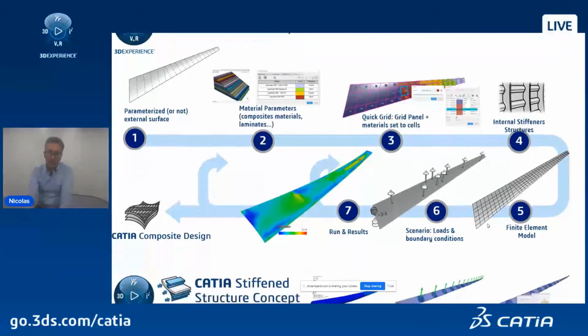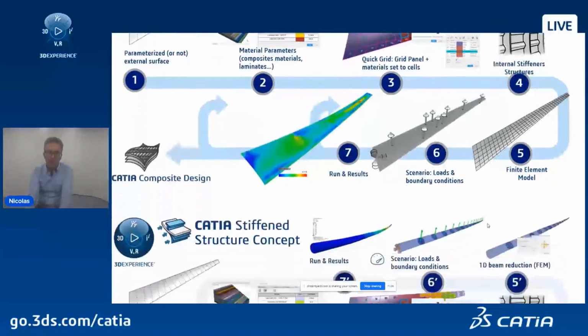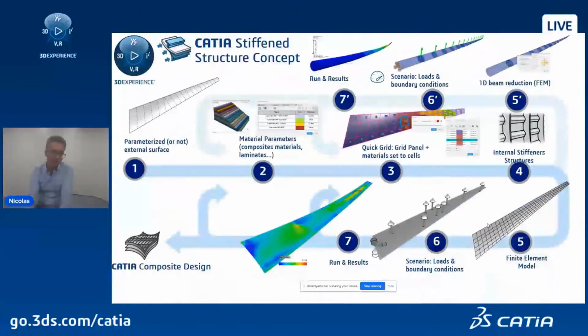So now that we've spent quite some time on what we do on shells, I want to introduce a different workflow. Start the same 1, 2, 3, 4, but then we are going to reduce the model, as we see on the top of the screen, into a 1D beam, if the structure is one where it makes sense to reduce it to a 1D beam.